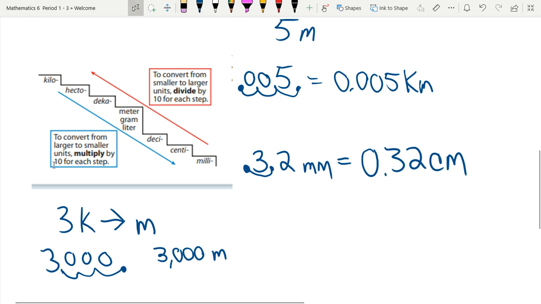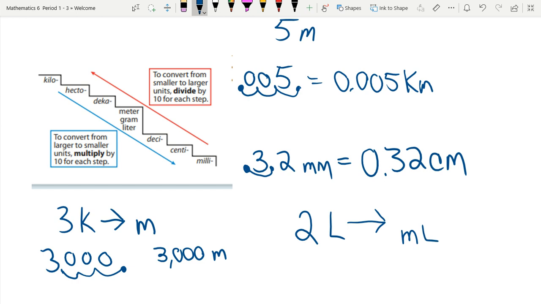Let's go with, how about a 2-liter soda? We want to see how many milliliters. We're going from 2 liters to milliliters. We're starting right here, and we're going to go down 1, 2, 3 steps.